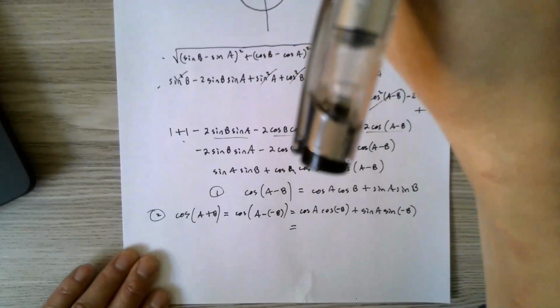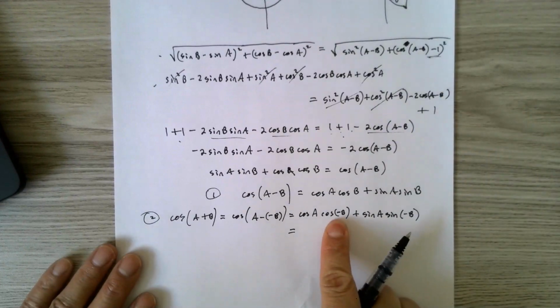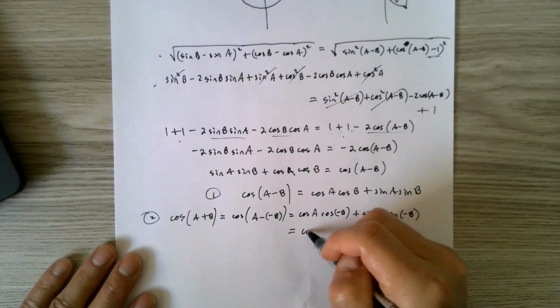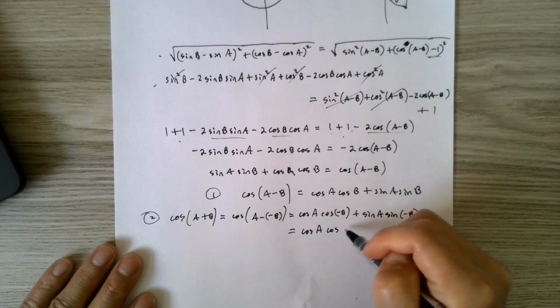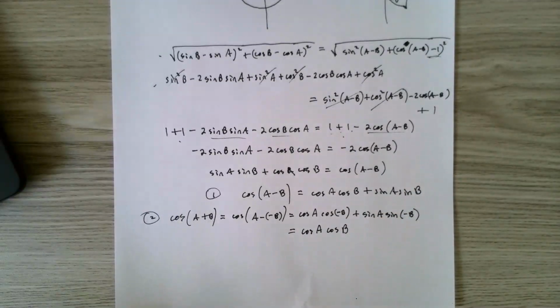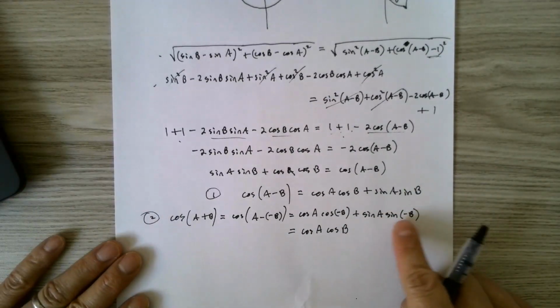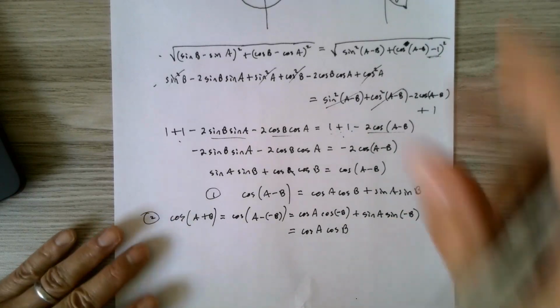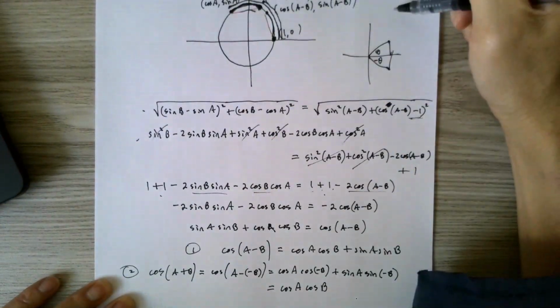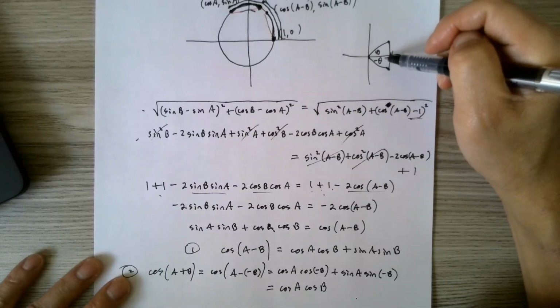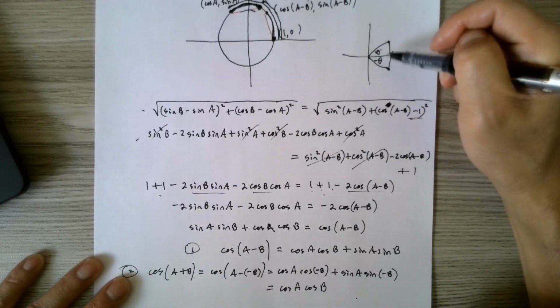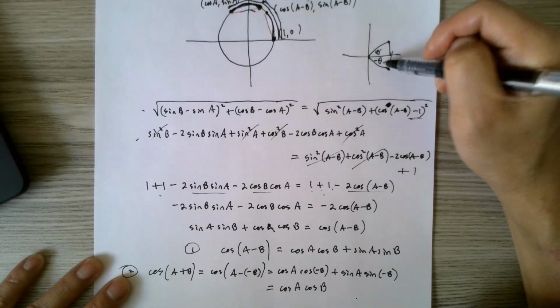So I can express this as cosine b. Okay, now over here we have sine of negative b. I'll go back to the same drawing. So here's theta, here's negative theta.